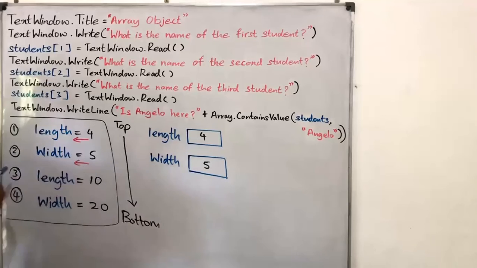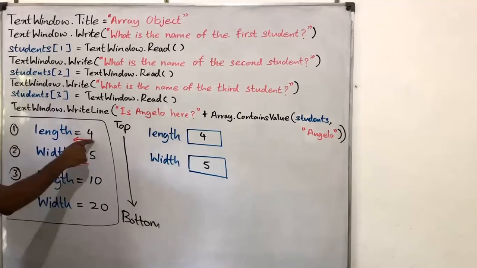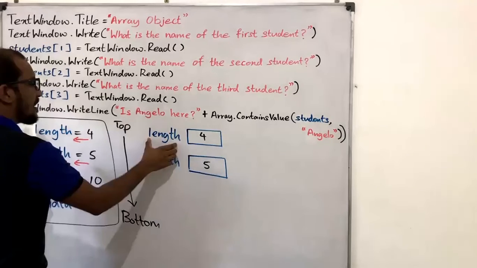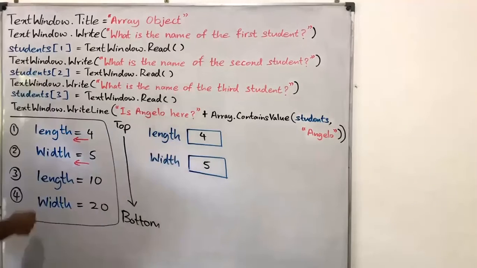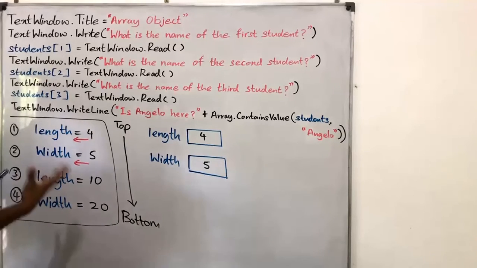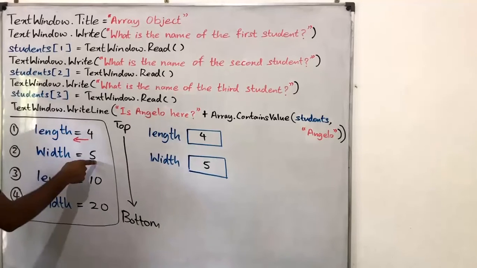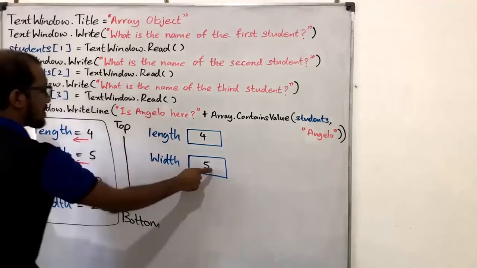Firstly they execute the first statement, so this 4 is registered under the variable length. After that, they, meaning the computer, execute the second statement, so 5 is registered under the name width.